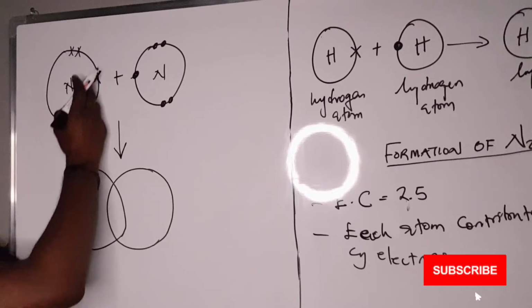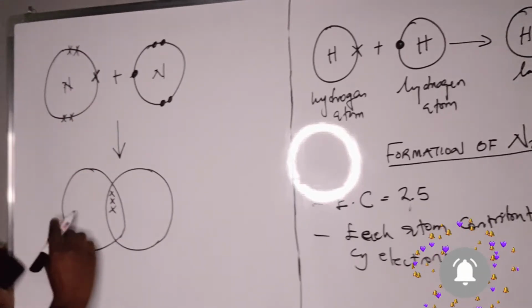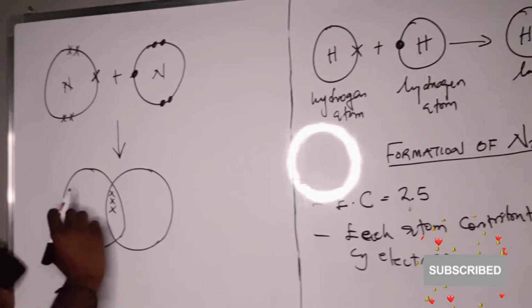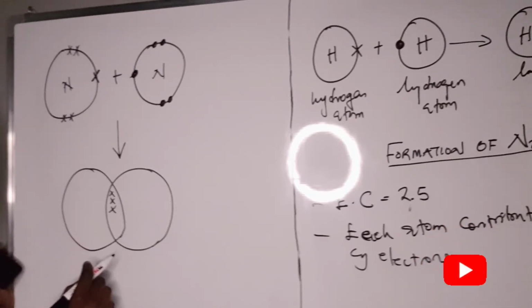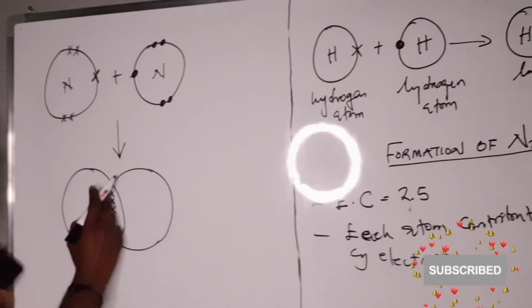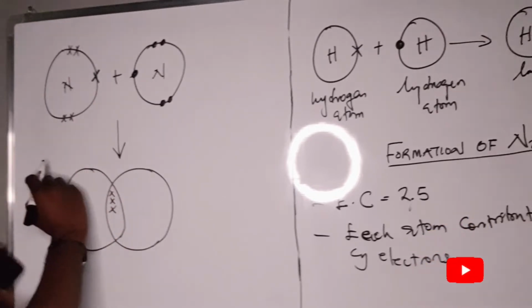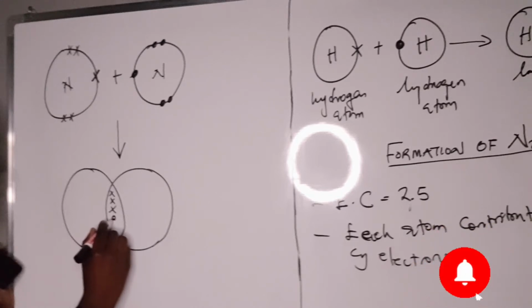So this atom will share 3. Write the 3 shared electrons from this atom. Then this one also is going to share 3.